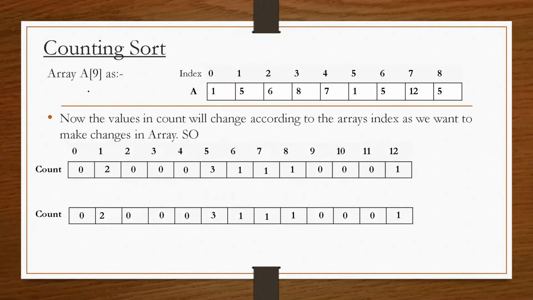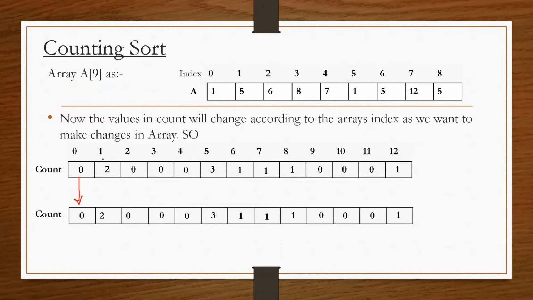Proceeding further, array A. So now we have our count array having the number of counts for our array elements. Now we want to arrange it in a way that it consists of sorted index values, which will be n minus 1. So now we will place 0 as it is.